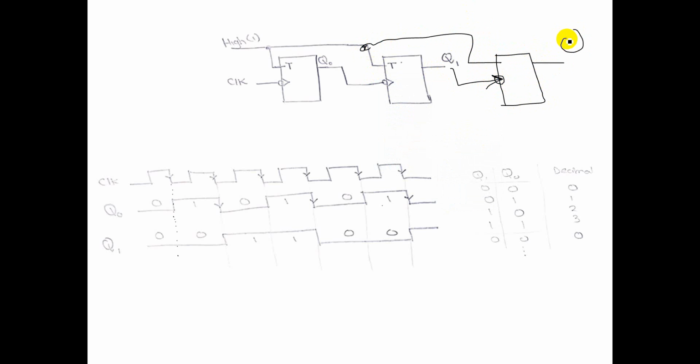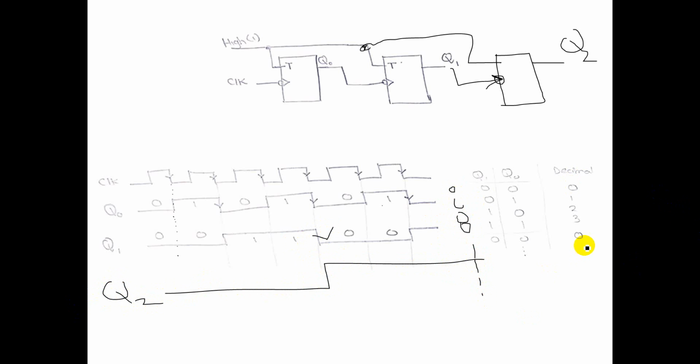The output is Q2, maybe. What will happen? Simple. Q2 will depend upon the negative edge here. So it will initially be 0, then it will become 1, and so on. If you put it here like 0, 0, 0, 0, then 1, 1, 1, 1, it will become 4, 5, up till 7 here. Then it will repeat again. So depending upon the number of flip-flops, it is going to continue. I hope it's clear now.